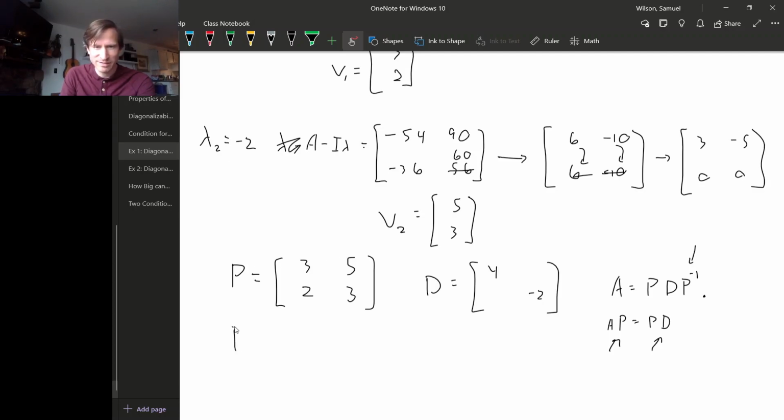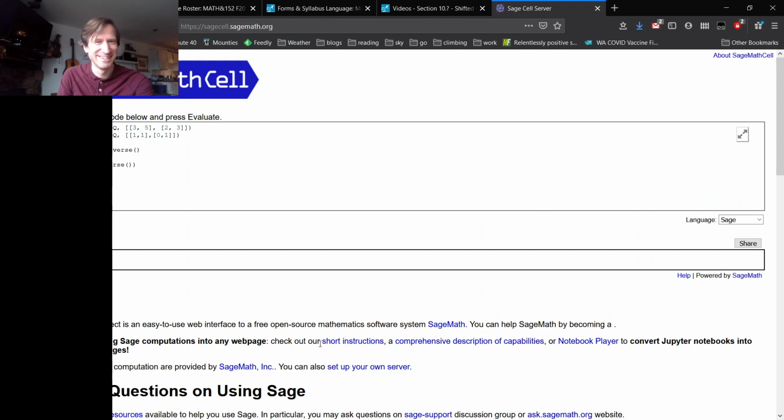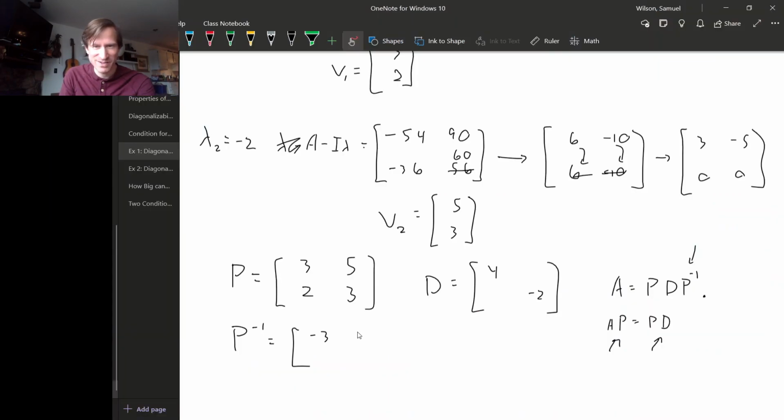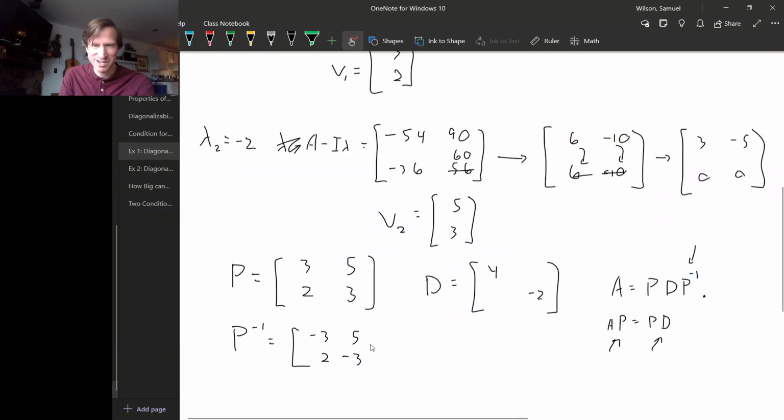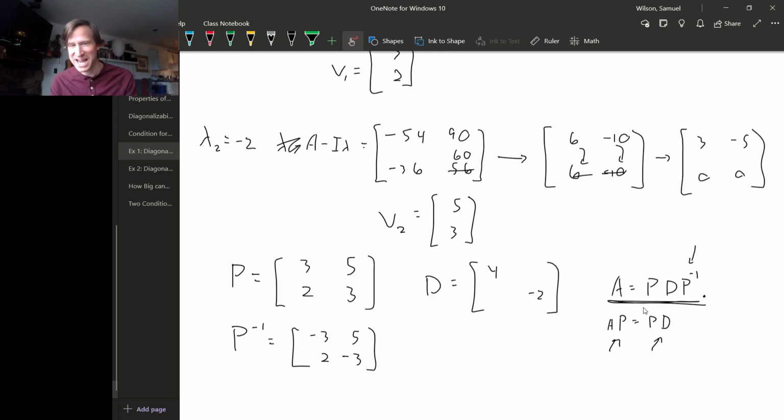Okay, I've consulted Sage, and P inverse is negative 3, 5, 2, negative 3. So let's actually multiply this out just to see the magic happen.